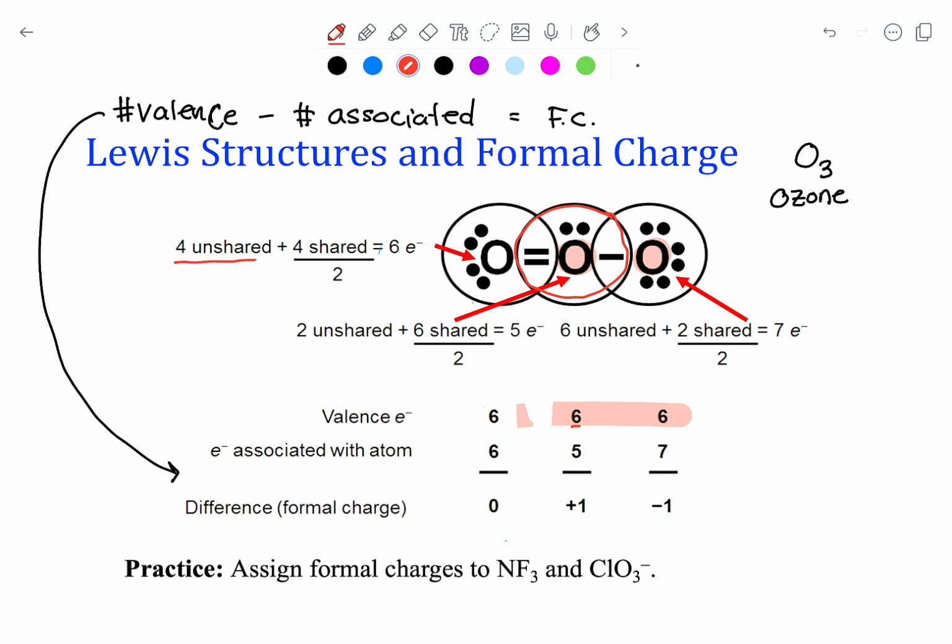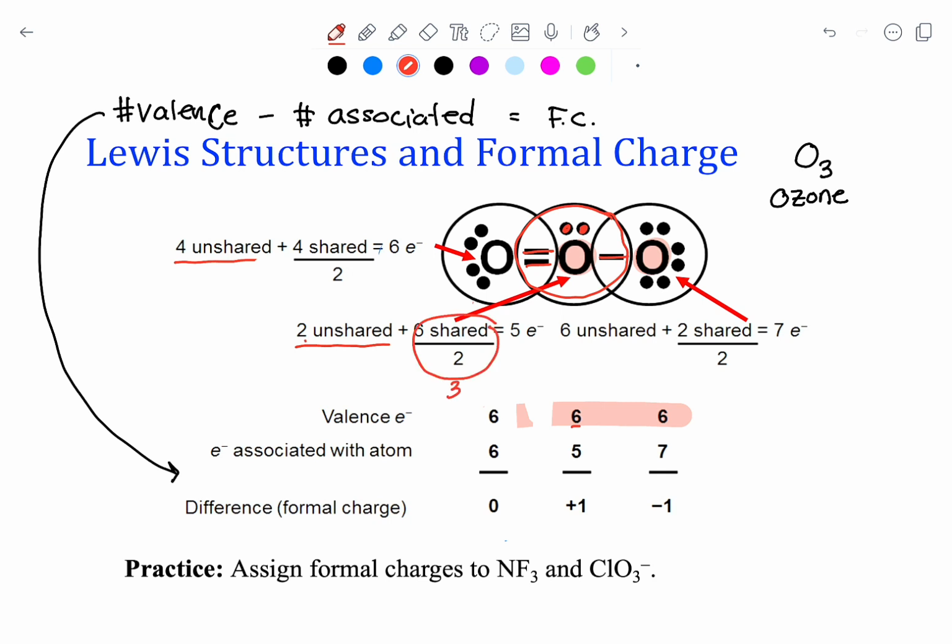So in this oxygen, there are 2 electrons in a lone pair. So that's the 2 unshared electrons. In this oxygen, there are 3 bonds to the oxygen. If there are 3 bonds, that means 6 electrons are wrapped up in bonds on that oxygen. Therefore, we take 6 and divide it by 2, which is 3.